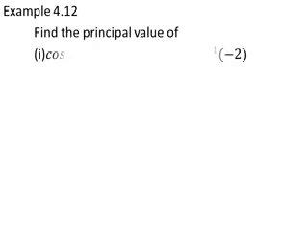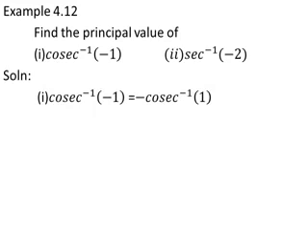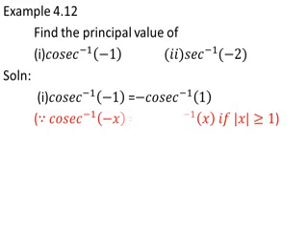Example 4.12. Find the principal value of first subdivision, cosecant inverse of minus 1, second subdivision, secant inverse of minus 2. Solution: cosecant inverse of minus 1 can be written as minus cosecant inverse of 1.